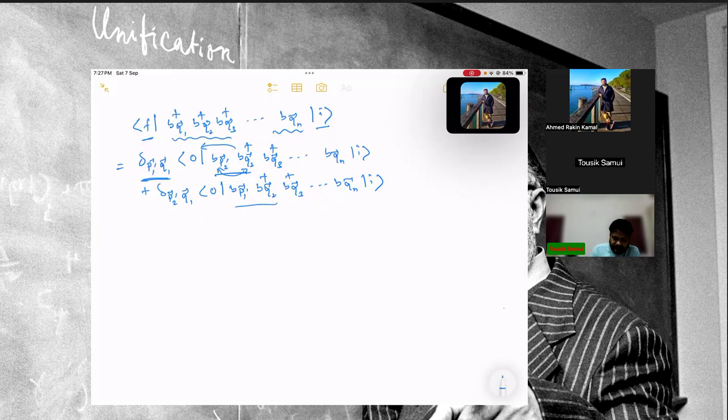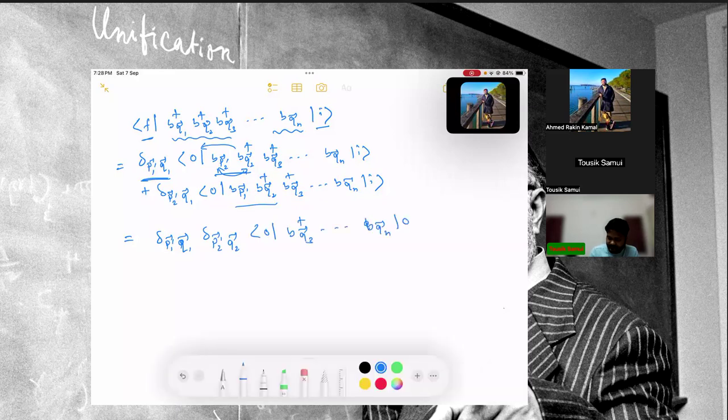So from the first term we'll get P1 prime Q1 and delta of P2 prime and Q2, and then we have all this bunch of operators.